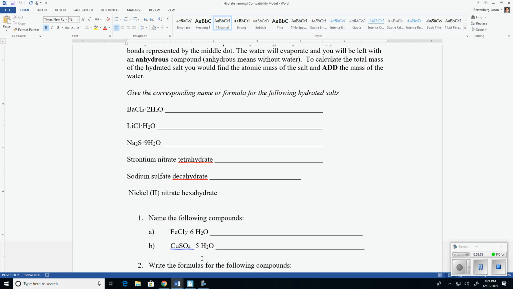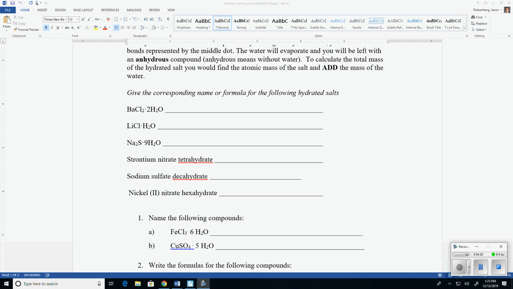There is one water, so this is a monohydrate. So, the second problem should have been lithium chloride monohydrate. The third problem should have been sodium sulfide nonahydrate.